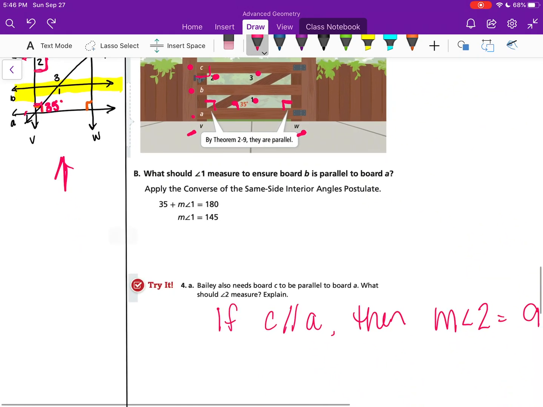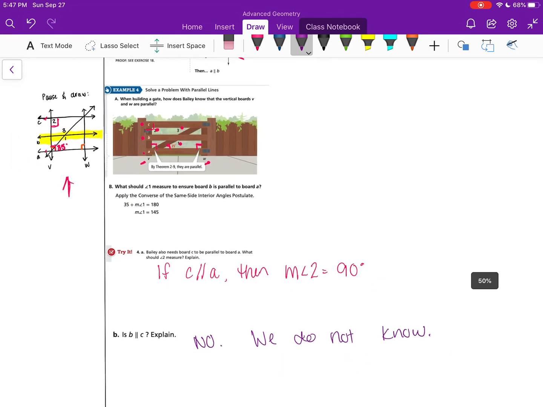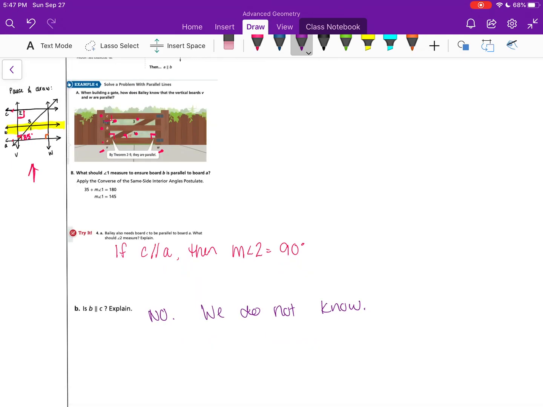So this is a perfect example of sometimes things can't be for sure. So is B parallel to C? We don't know. No, we can't say for sure whether it is. We do not know. There is just not enough information for us to be certain. So we can just say not enough info.